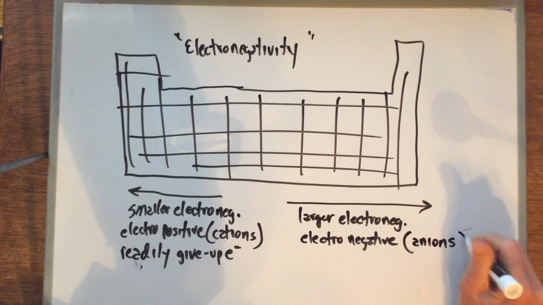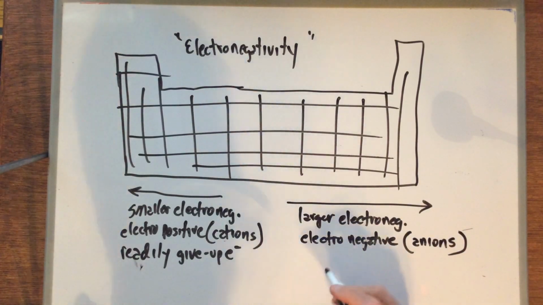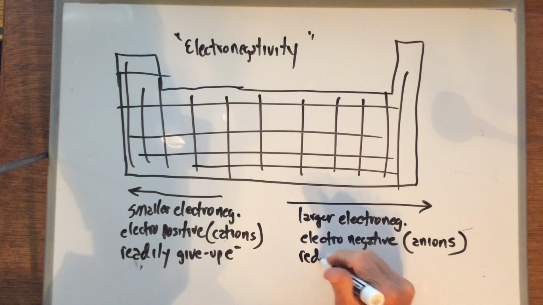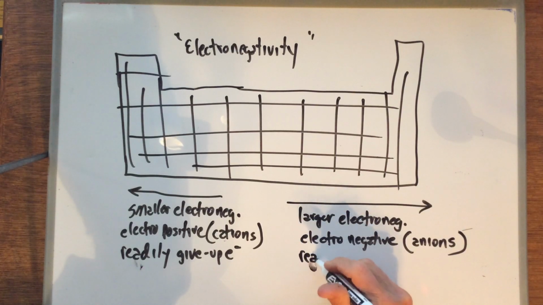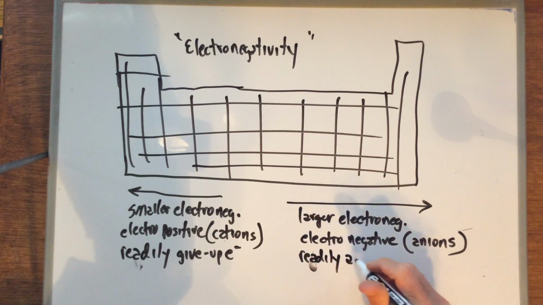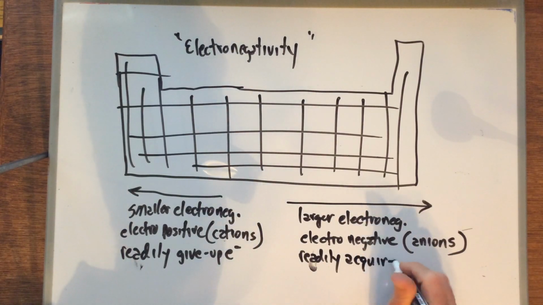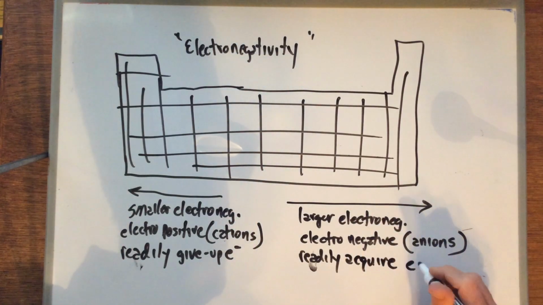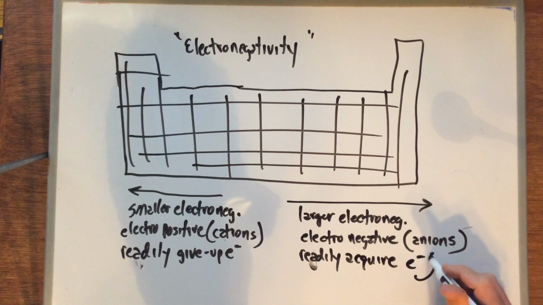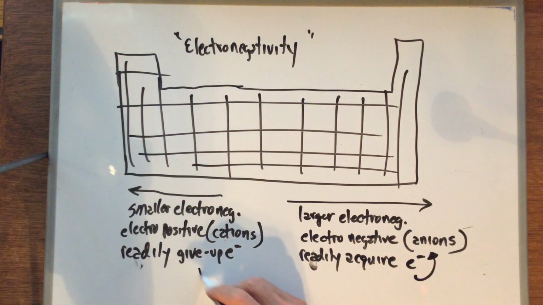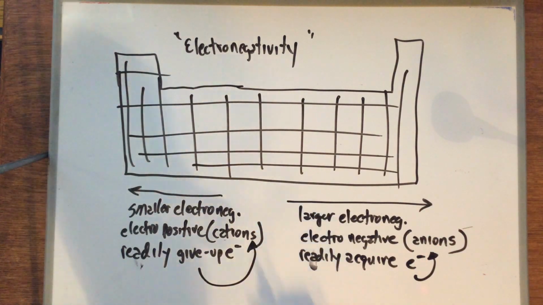They readily acquire electrons and become the anions.